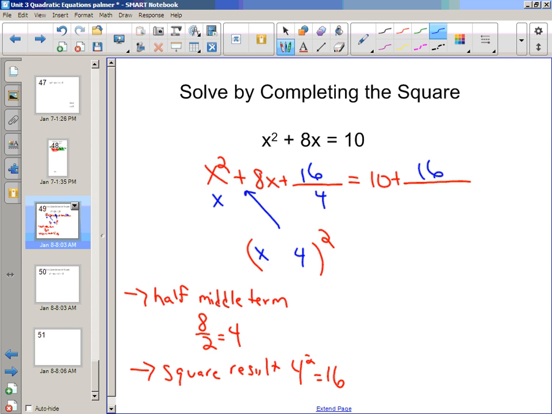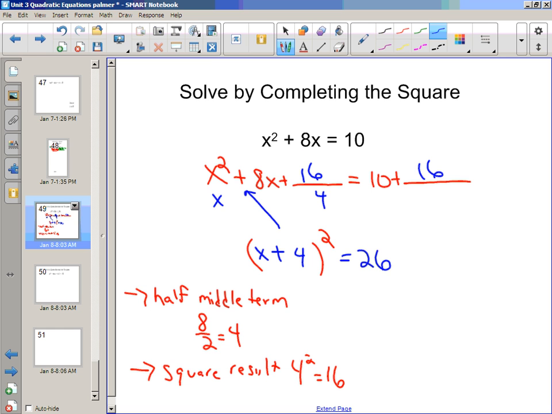This could be a minus, but in this case it's a plus. Whatever the sign is for the middle term, that's the same sign on your binomial squared. So we've got x plus 4 squared equals 26. And then from there we go on and do the process of solving a quadratic equation with a perfect square. Take the square root of each side.